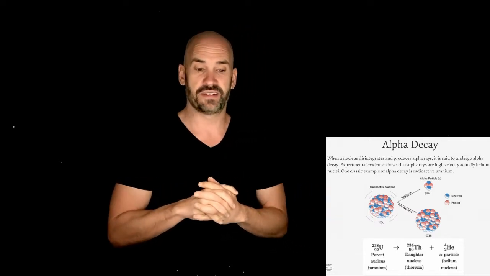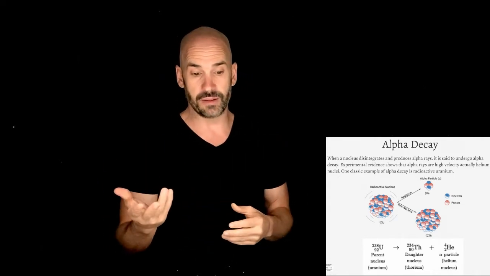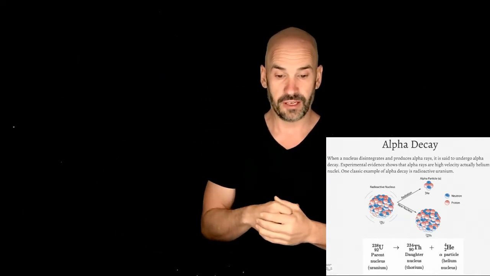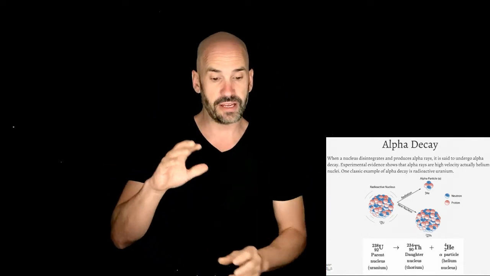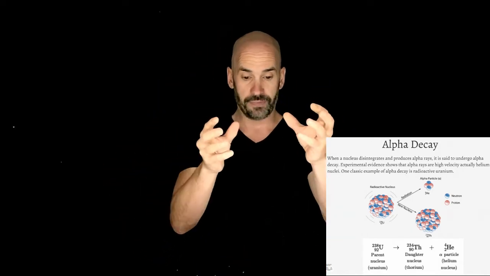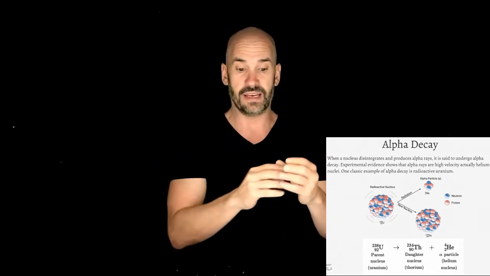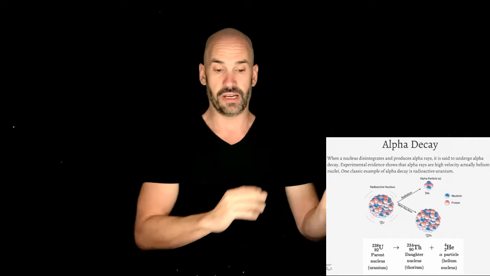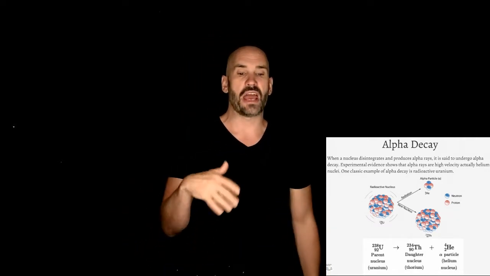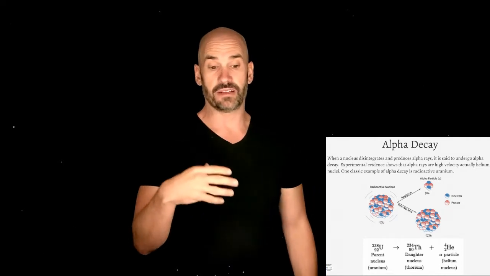And a classic example of alpha decay is classic uranium radioactive breakdown, which really goes from uranium as the parent nuclei to thorium, which is one of the daughter nuclei, and then the alpha particle itself, which is helium, a helium nuclei. All right. And now let's take a look at how much energy would be released in that radioactive decay.